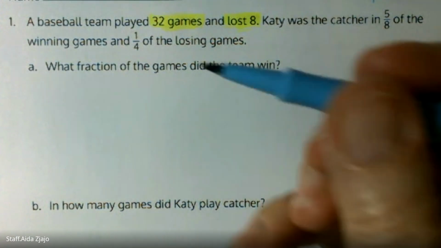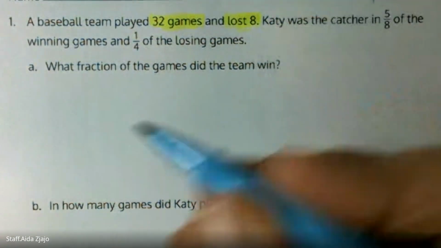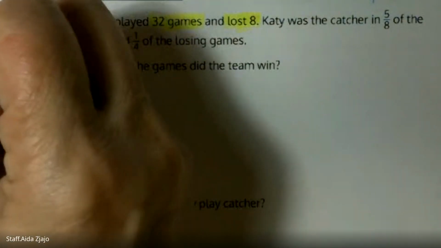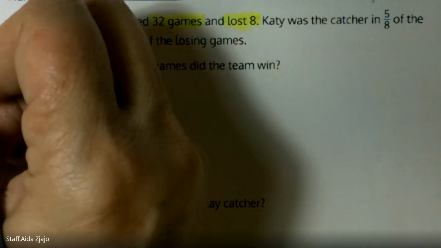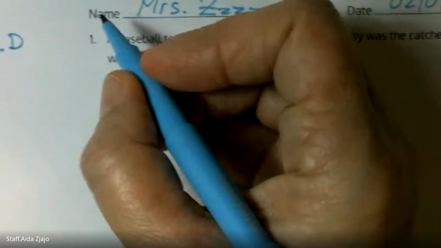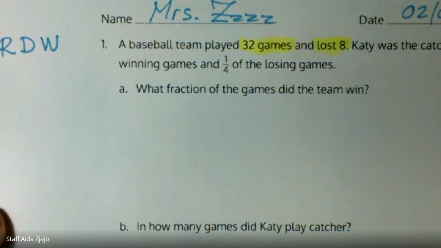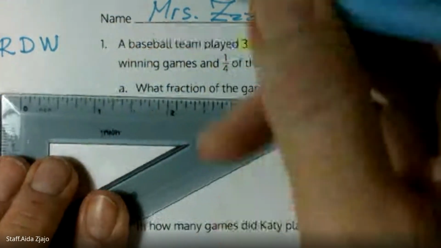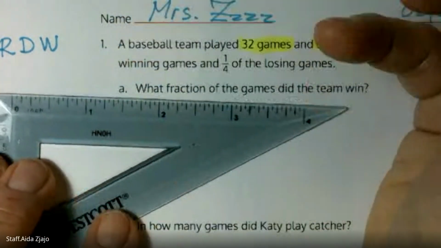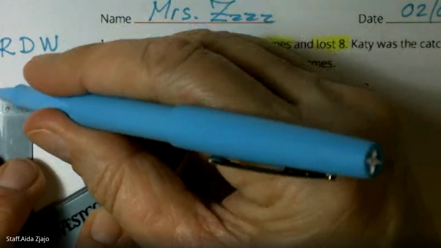So when we think about that, we're going to use the read, draw, and write strategy. So if I take my little ruler and think about the 32 games as the total, I'm going to use this area right here.